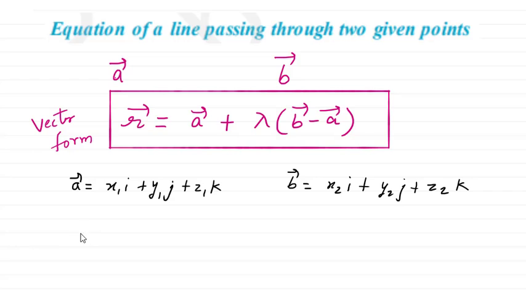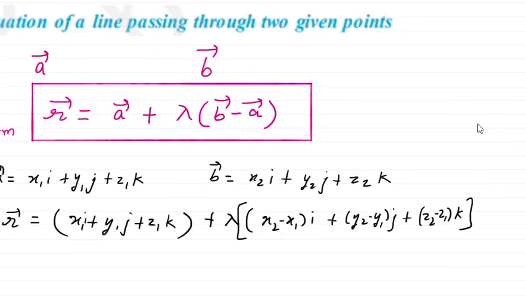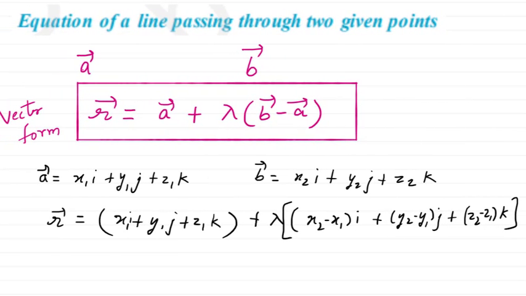So in that case you can write r equals x1i plus y1j plus z1k plus lambda into (b minus a), which will give you (x2 minus x1)i plus (y2 minus y1)j plus (z2 minus z1)k. So here you know that r can be written as xi plus yj plus zk.